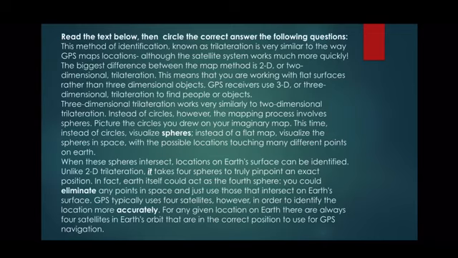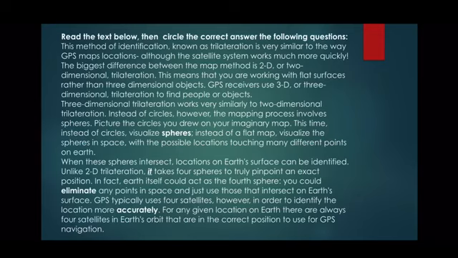When these spheres intersect, locations on Earth's surface can be identified. Unlike 2D trilateration, it takes 4 spheres to truly pinpoint an exact position. In fact, Earth itself could act as the 4th sphere. You could eliminate any point in space and just use those that intersect on Earth's surface.